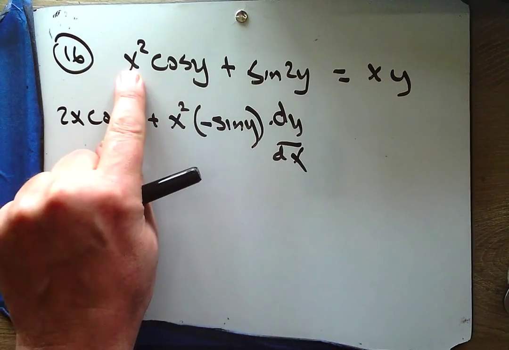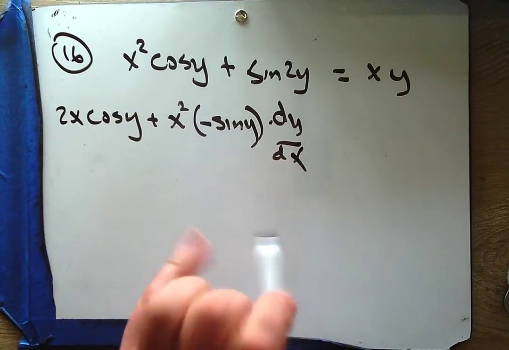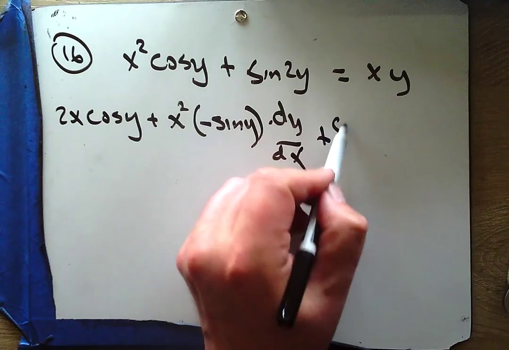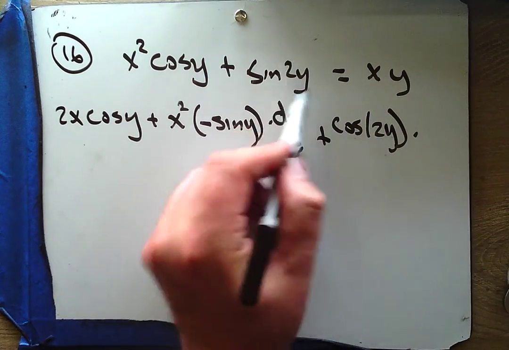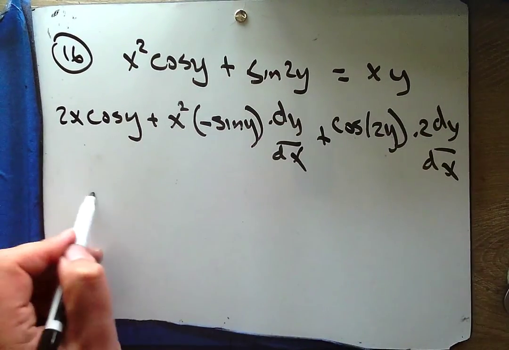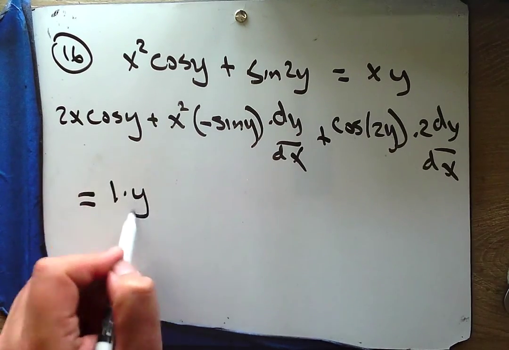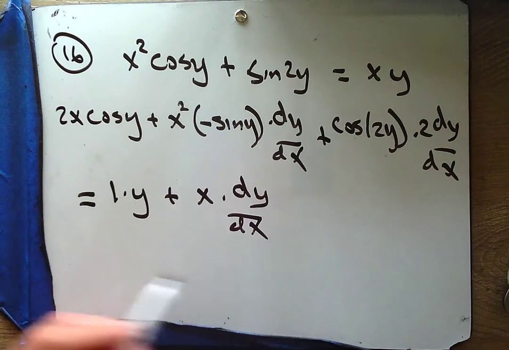Here I was taking the derivative of that plus the derivative of that needs the dy/dx. And here I'm going to have cosine 2y times the derivative of the inside, which is 2 dy/dx. And then we get to our equal sign, and now we do the product rule on the other side. 1 times y plus x times dy/dx.